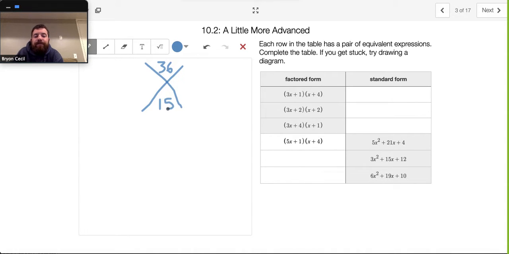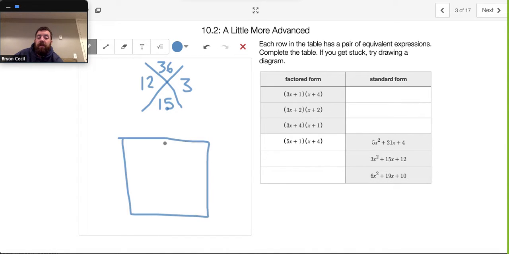Again, guys, we're looking for numbers that add up to 15. Kind of a difficult one. For me, the first things I think of are 4 and 9, but that's not going to get it for me. And so we also know that 12 and 3, if I multiply those together, I'd get 36. If I add them together, I would get 15.